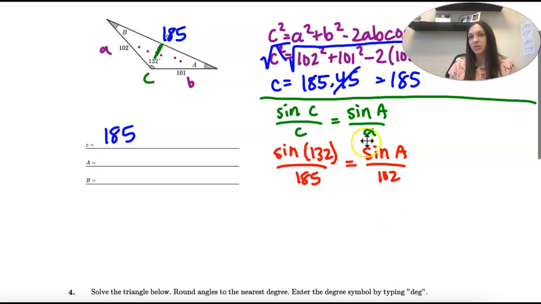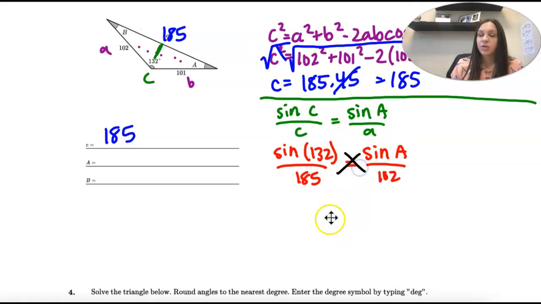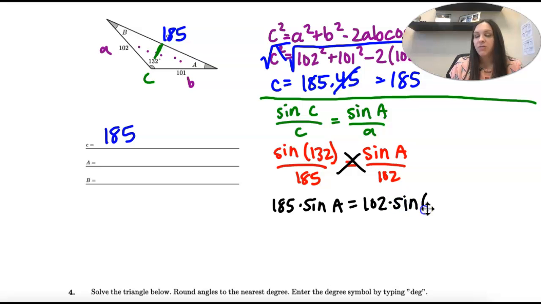So I just substituted that in. To solve law of sines, we would cross multiply. So 185 times sine of A equals 102 times sine of 132.